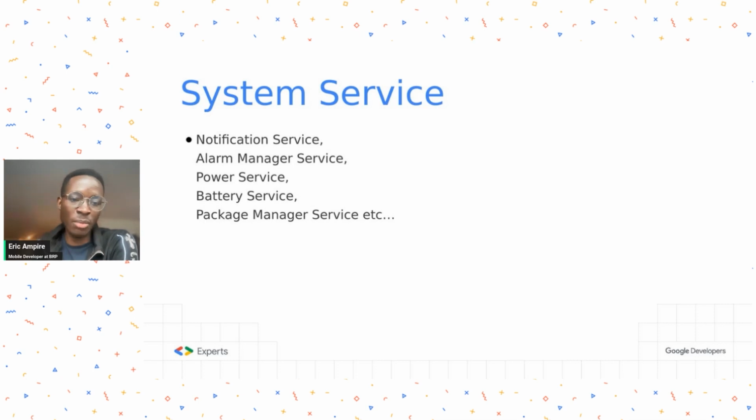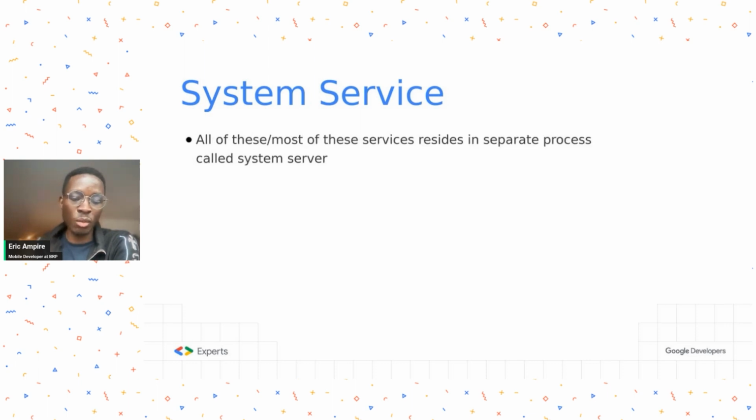So here are some examples of system services that we already have: the notification service, the alarm manager service, the power service, the battery service. There are a lot of them that are already ready for use, and you can just ask for access to them. For example, if you want to display a notification, most of the time we interact with the notification service.